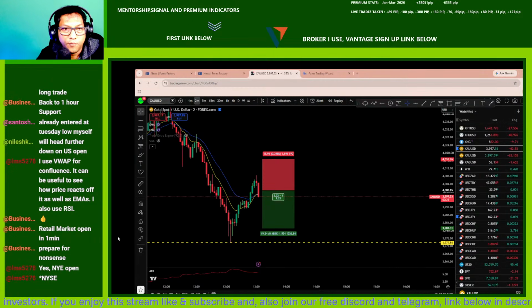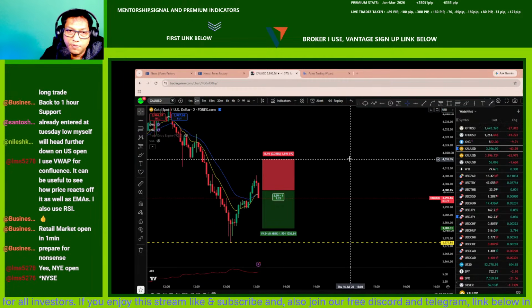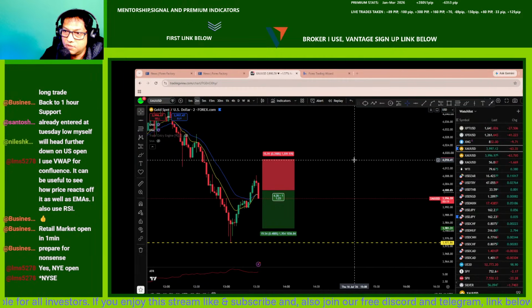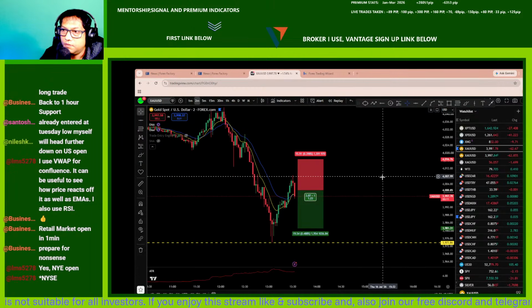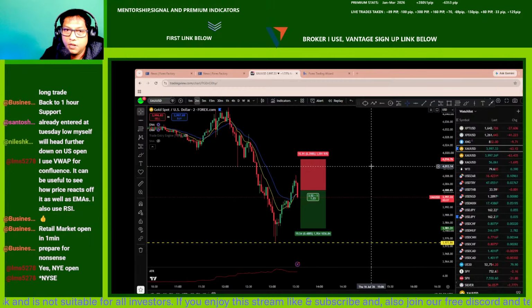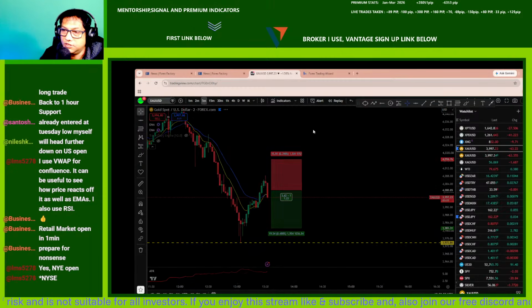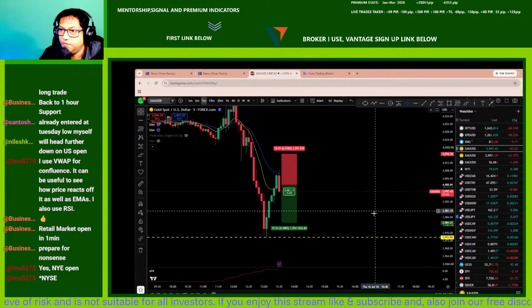So I have opened the sell on XAUUSD as the market has done that deeper pullback. They're expecting it to come back down below to this support area. And there is a sharp drop. The trend is expected to continue. If you look at the 5 minutes here, there is a large bear candle.